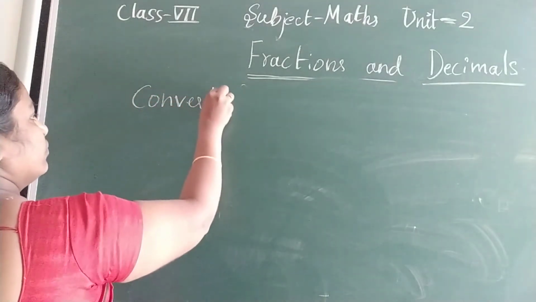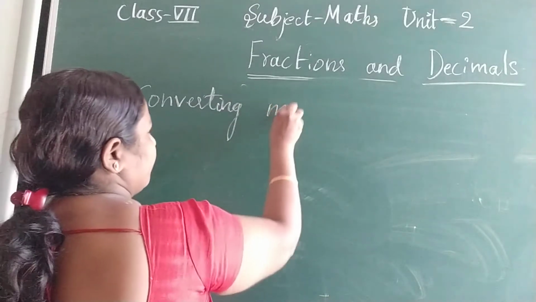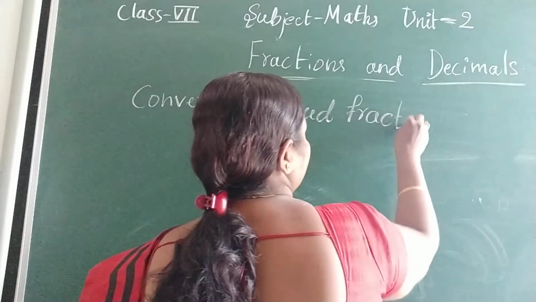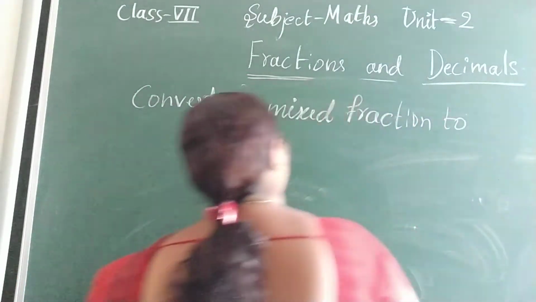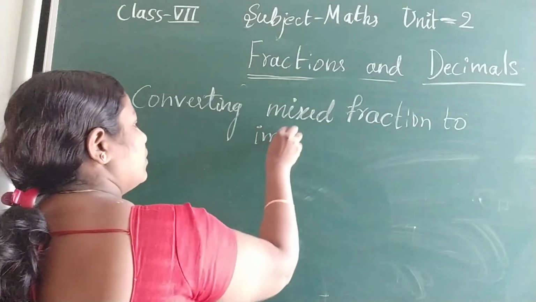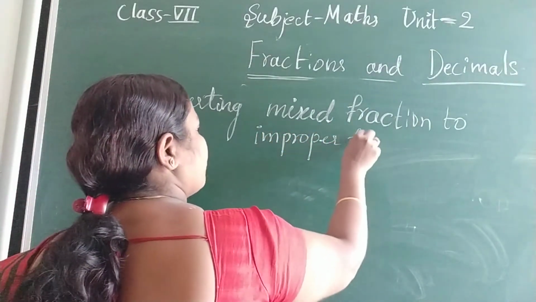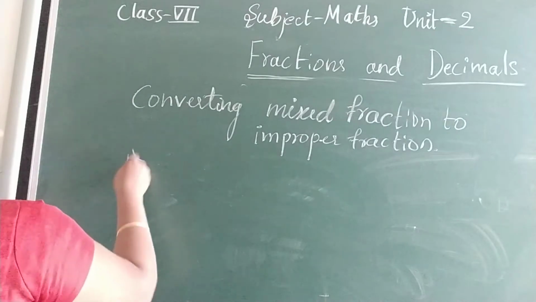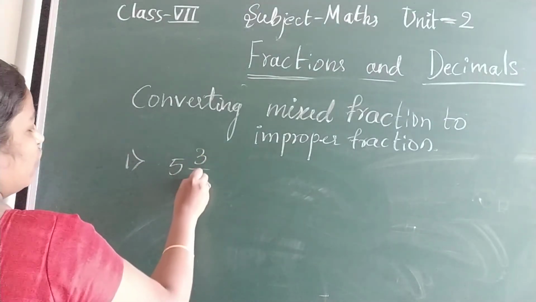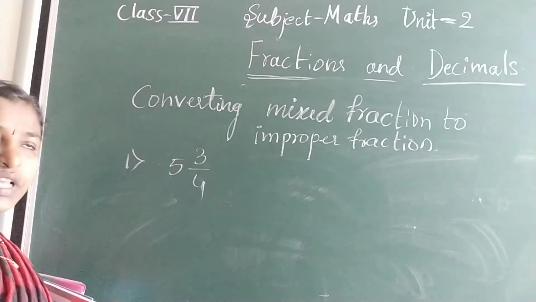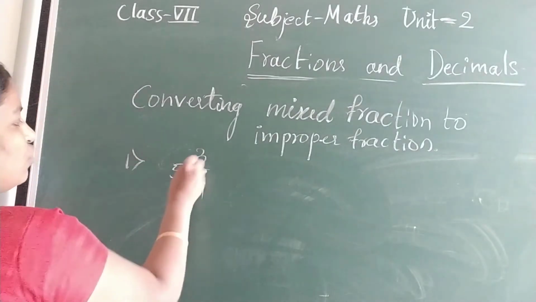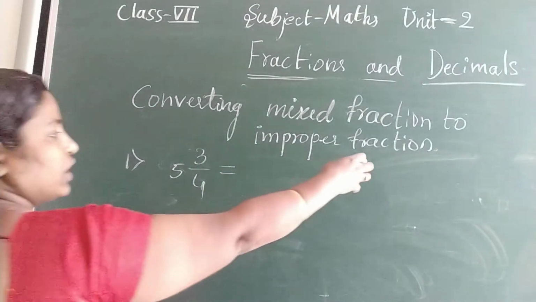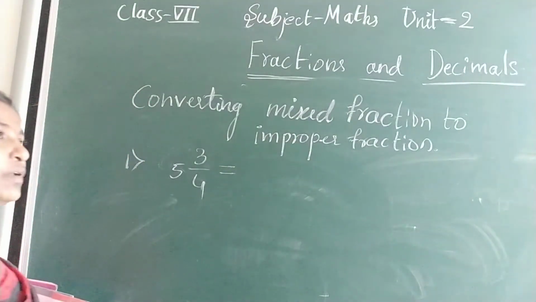Converting a mixed fraction to an improper fraction. So how to convert a mixed fraction? 5 and 3 by 4 is an example of a mixed fraction. We should make it an improper fraction, which means the numerator will be big and the denominator will be small.